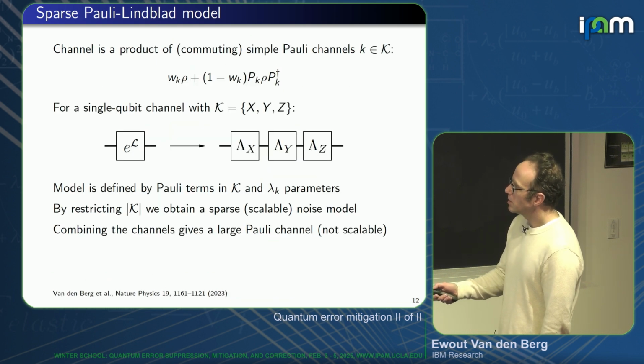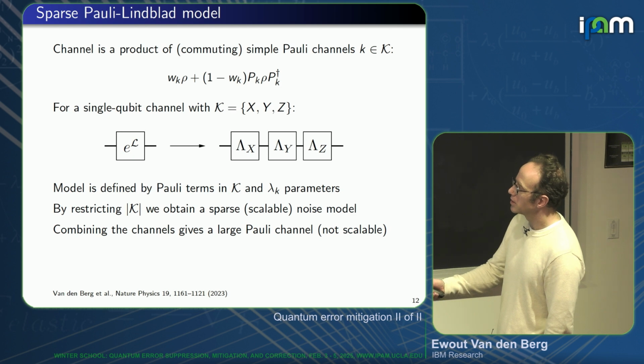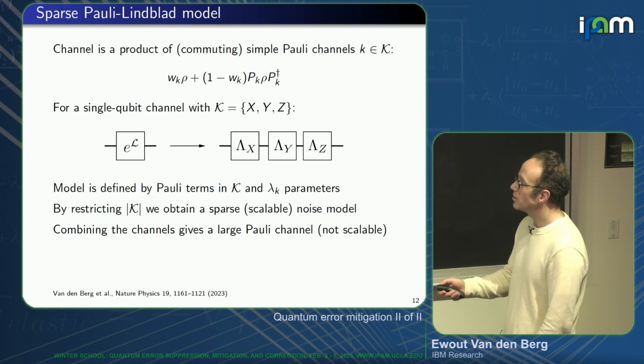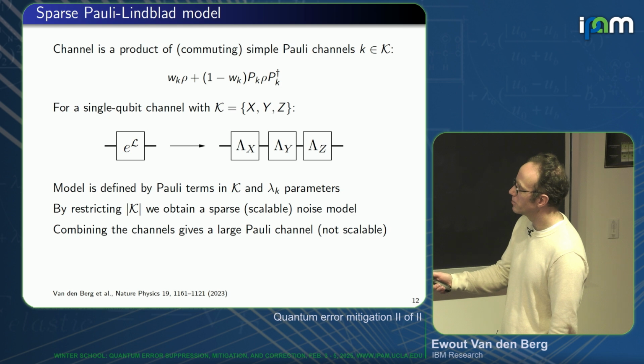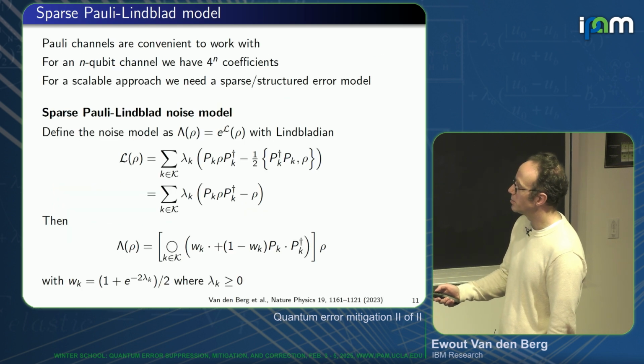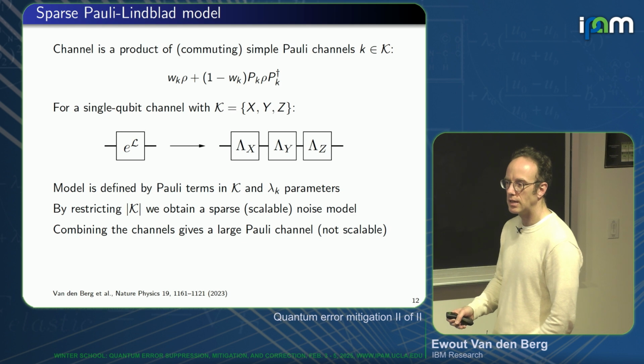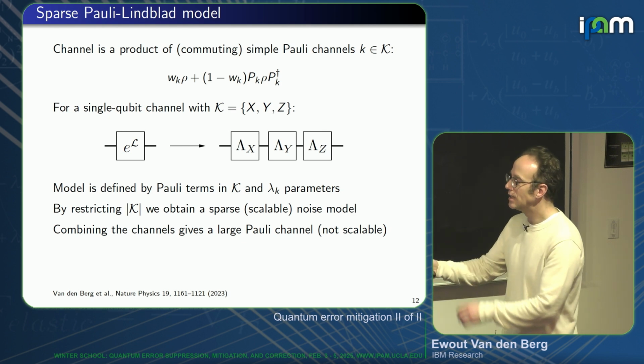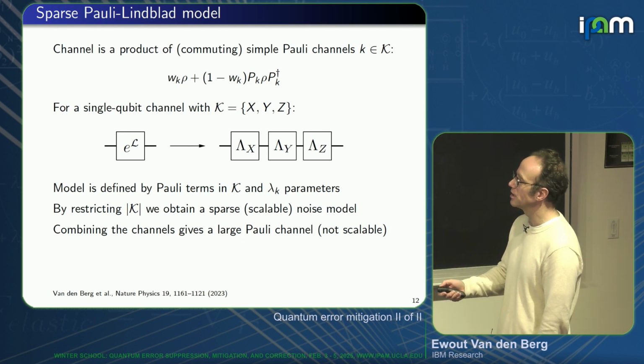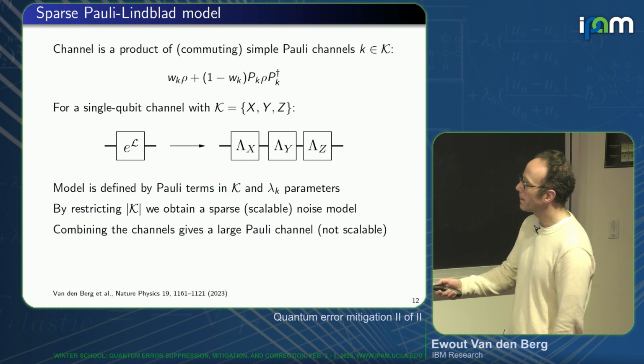So this is actually just a product of commuting simple Pauli channels for k, where k is just a subset of the Pauli group, individual terms. So either you do nothing or you apply a Pauli. That's one channel. And then the next channel has the same, but you apply another Pauli.